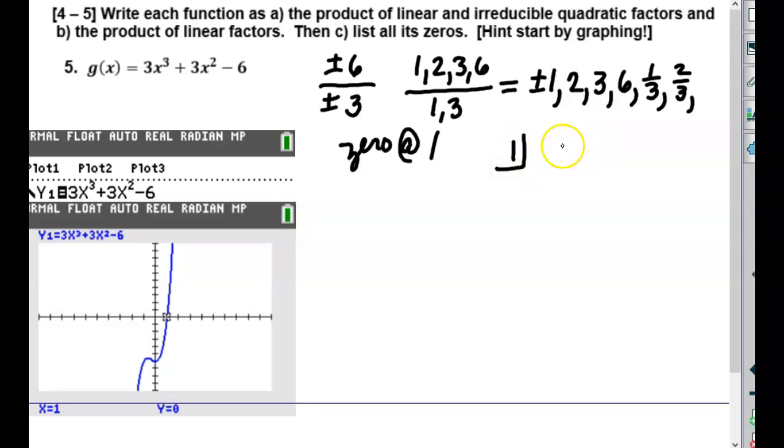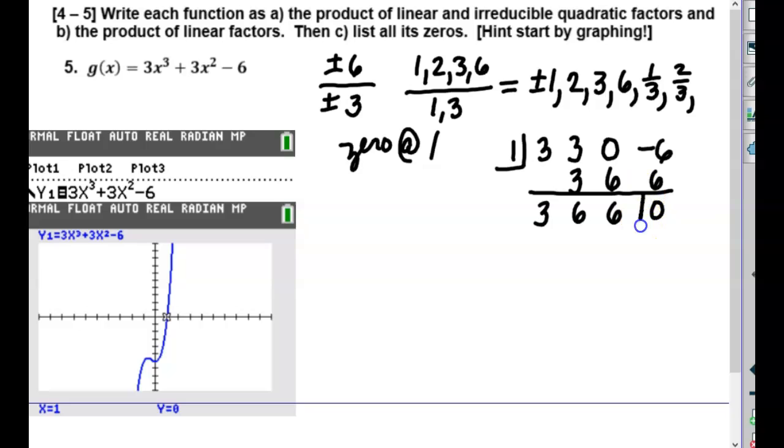I think we need a placeholder though. 3x to the third plus 3x squared plus 0x minus 6. Everybody okay? Why we have a placeholder there? Bring that down, multiply, add, multiply, add, multiply, add. Did anyone else get that?